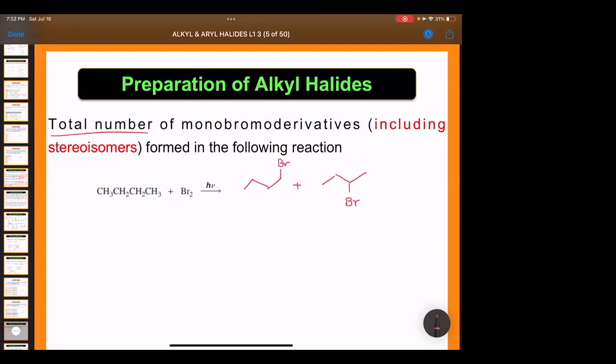But here I don't have to mention which is the major or minor because the question is just asking for the total products. Right. Now stereoisomers. What do you think about stereo? What are they?